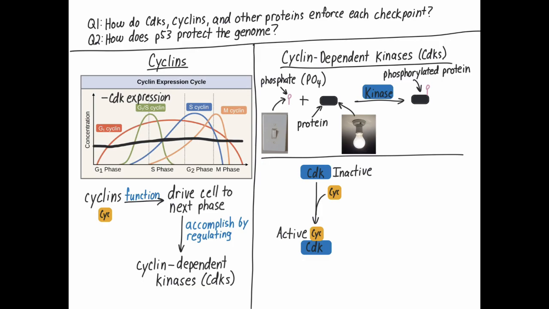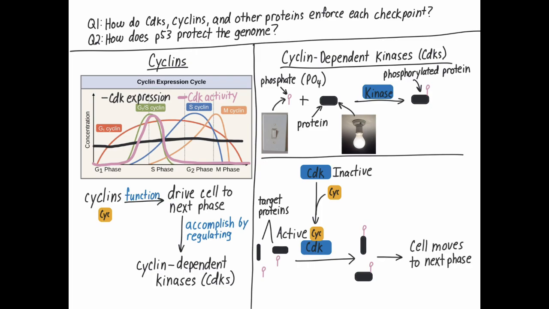For example, a CDK that binds a G1S cyclin only becomes active as the cyclin accumulates. The cyclin also guides its CDK to the correct target proteins, so the CDK can phosphorylate them. These target proteins then facilitate the cellular events required to move the cell to the next phase.